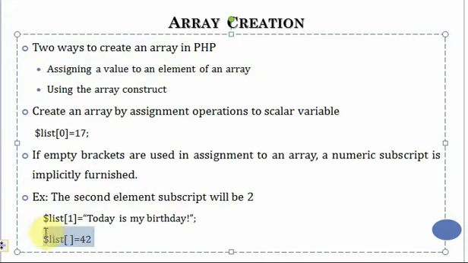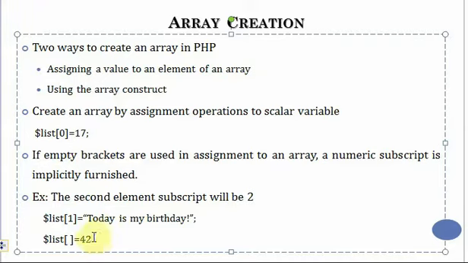Because this will be executed after this, right? The largest one used so far is a subscript with value 1. So automatically, implicitly it will be furnished. What will be that value? It will be 1 greater than the largest one. The largest one is 1, so it will be index value 2. That is what we want to say here.